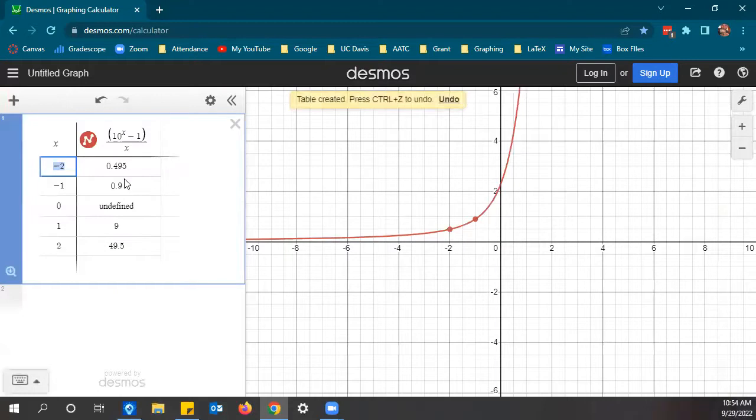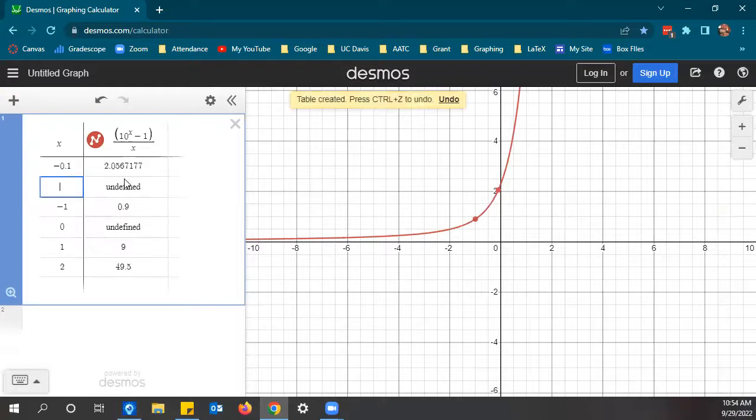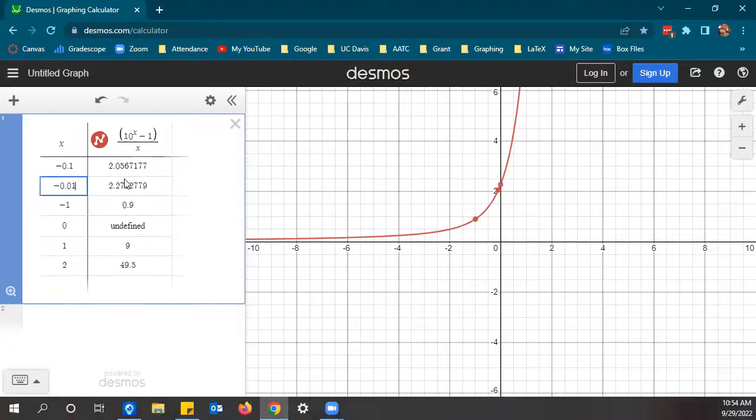Okay, you gotta be smart. If I plug in negative 0.1, it gives me the value I got, which was 2.057 approximately. If I plug in negative 0.01, I get the next value. And it's a lot easier than typing things in your calculator over and over again. So if you have to find lots of values for a function, this is an easy way to do it, I think.